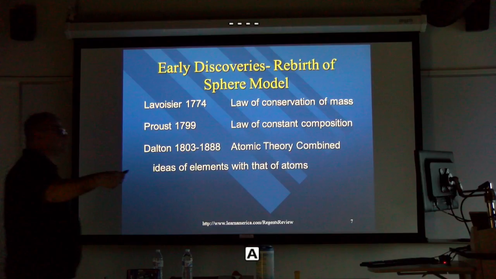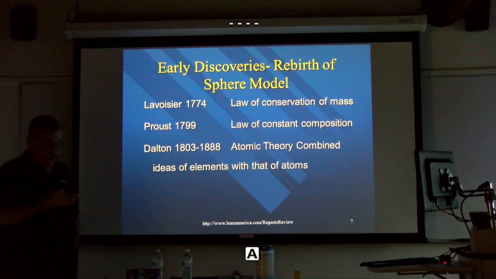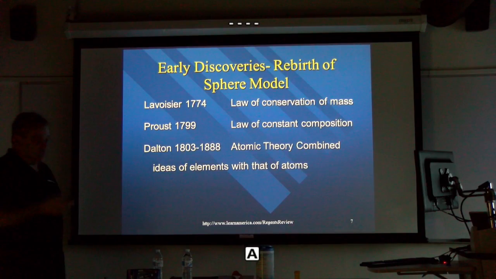But these 3 scientists basically brought back the idea that these atoms, which is what they called them, were these tiny spherical particles that make up what we know today as elements. Now I'm going to show you a really neat video by Learn America, which basically took Dalton's theories and the theories of the other 2 scientists, put it together so that you can enjoy a quick review.